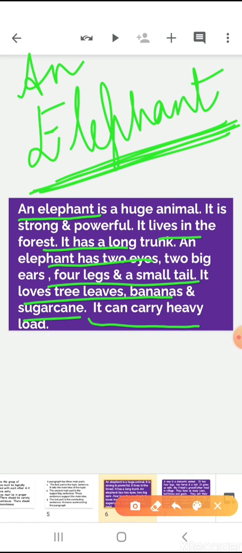These sentences tell us about the elephant: its structure, it is powerful, it lives in the forest, long trunk, 2 eyes, big ears, it loves trees, banana, sugarcane. And the last line tells us that it can carry heavy load, means this is a concluding line.